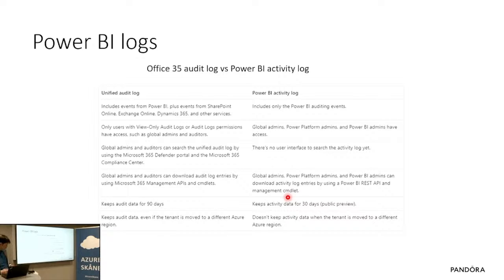Or there is a special Power BI activity log that you can run only via PowerShell. The problem is that then you have to struggle against your IT and security people, because if you want to see the unified audit log, then you need admin tenant rights, unless there are some other less privileged accounts.